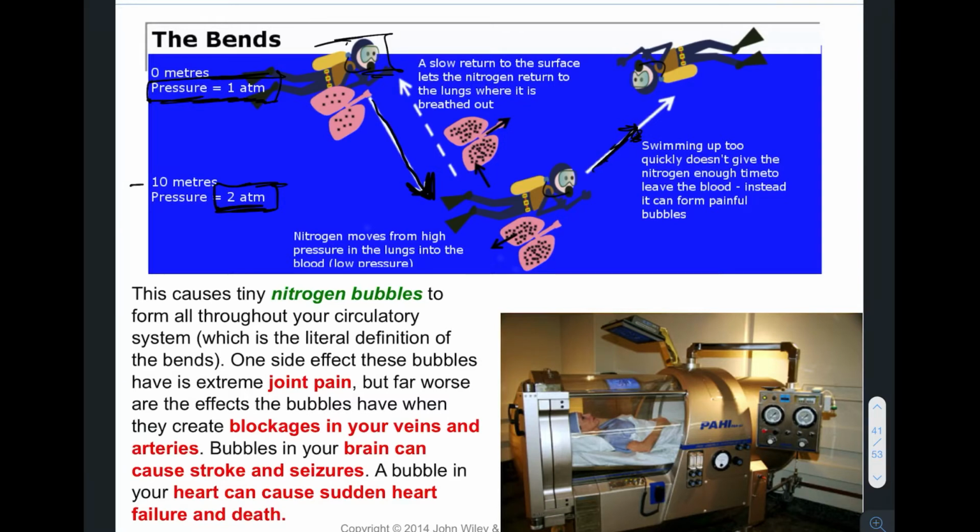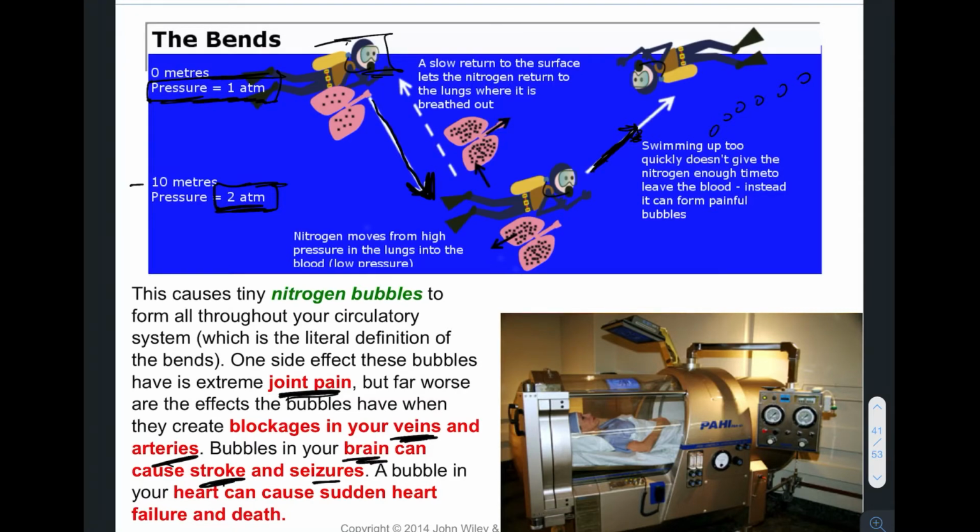If you rise up too quickly, the pressure quickly drops, and that nitrogen is not getting pushed into solution anymore, so it starts bubbling out of solution. And where does it go? These nitrogen bubbles can go inside your joints, and that's what's causing you all that pain. They can be in your veins and arteries. They can even go into your nervous system and cause strokes and seizures.